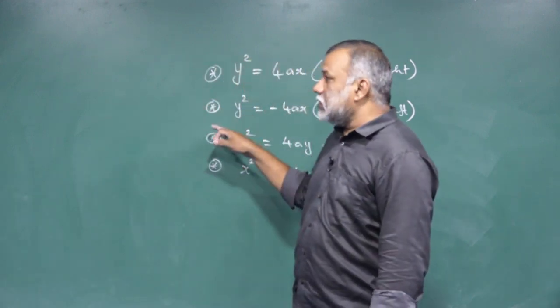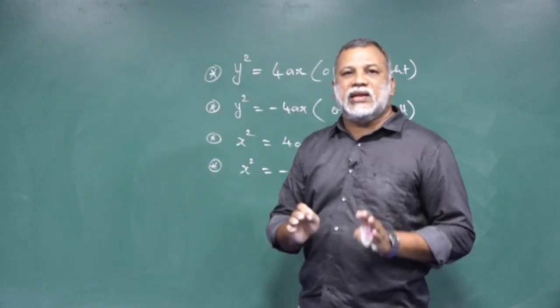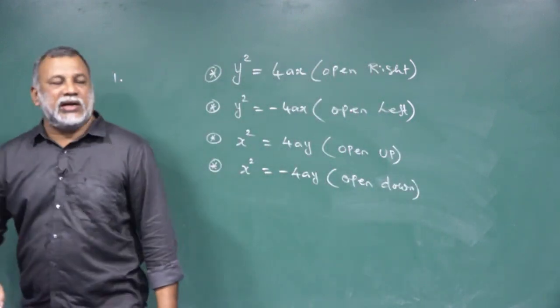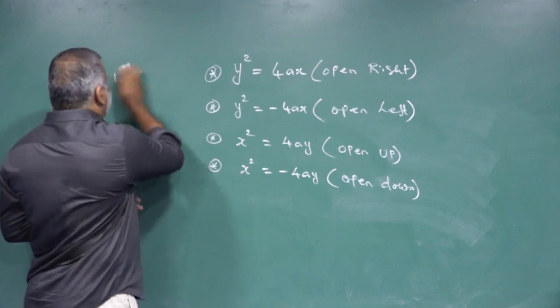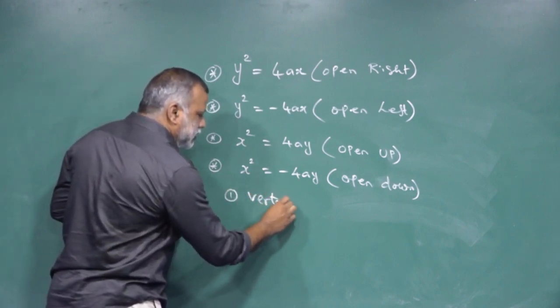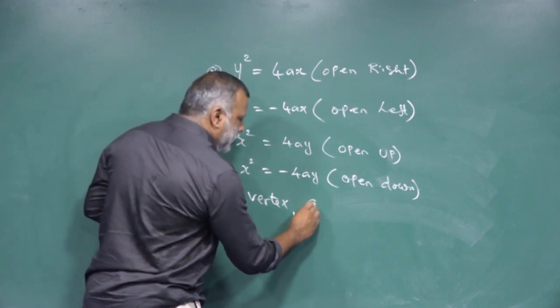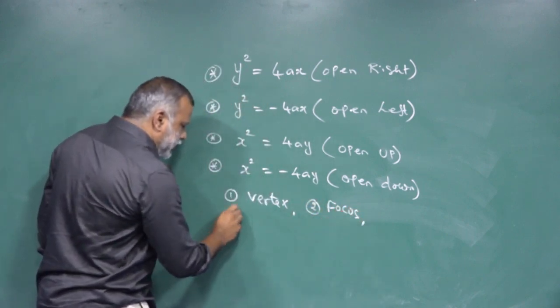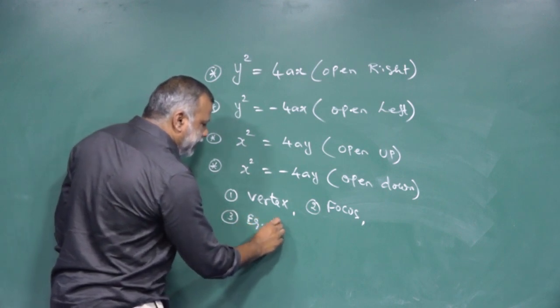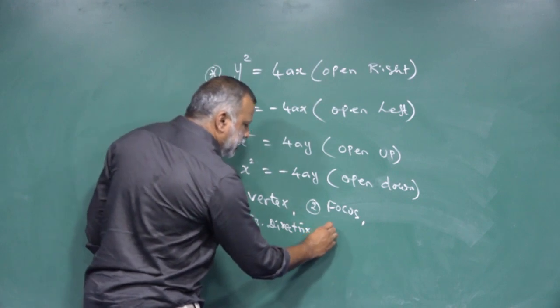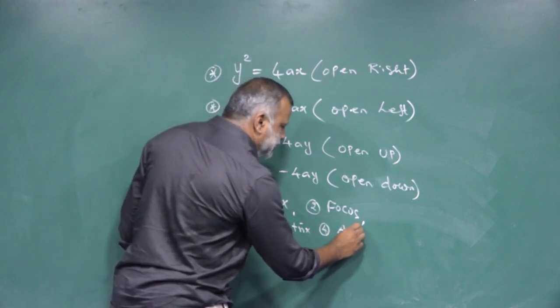For these types, we worked out some basic results. What are the results so far we discussed? Number 1, vertex. Number 2, focus. Number 3, equation of the directrix. Number 4, axis.